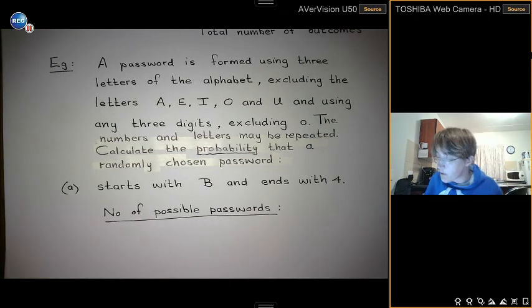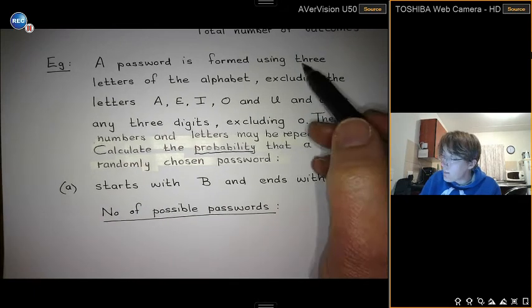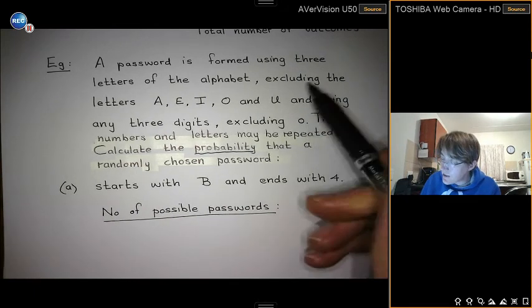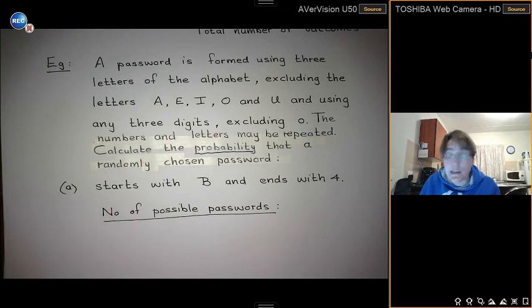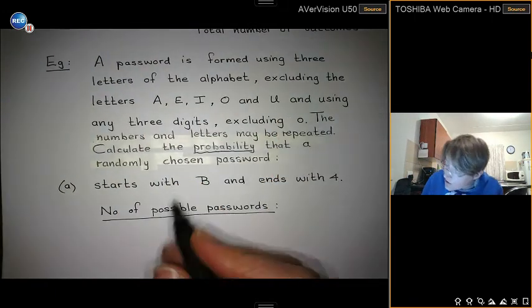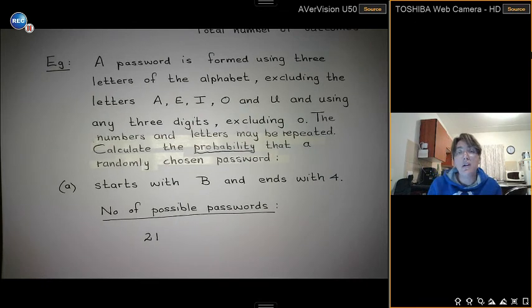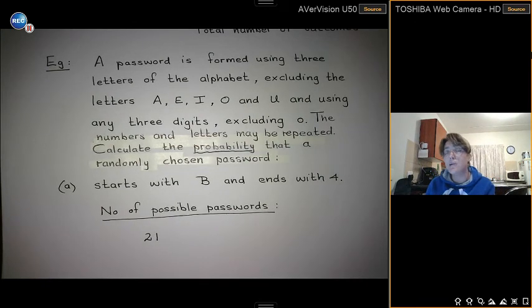So for the number of possible passwords, we say we're going to use 3 letters, but I'm allowed to repeat the letters. Now, normally I'd have 26 letters, but I have eliminated 5 of them, which means I have 21 letters. Because I'm allowed repetition, this is not a factorial, this is going to be an exponent. So I can choose out of 21 letters, and then again out of 21 letters, and then again out of 21 letters.